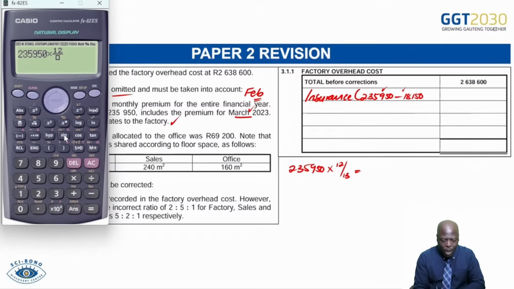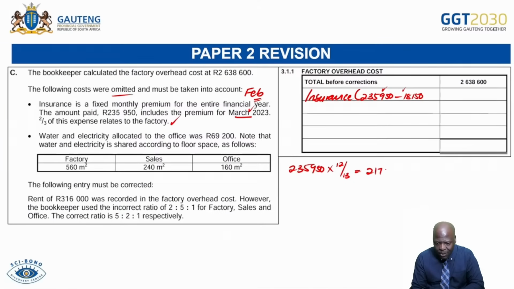If you multiply by 12 over 13, it gives you 217,800, which is the same as if you subtract your 18,150 here. And then we are told that 2/3 of this expense relates to the factory. So then you get 2 over 3. If you're using this method, you simply multiply by 2 over 3 again.